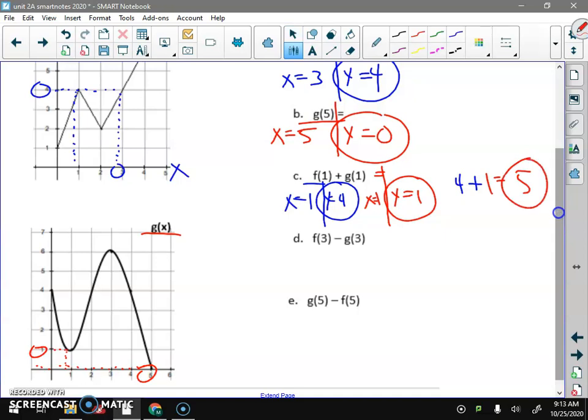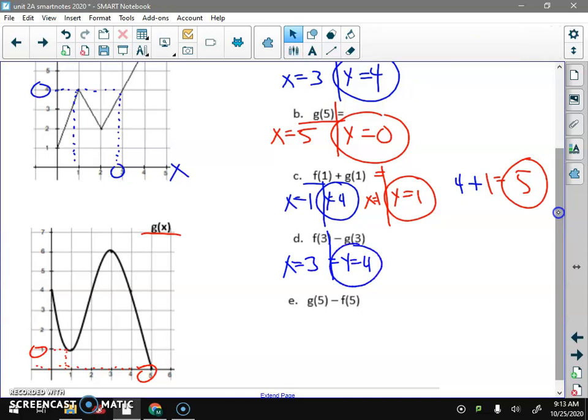Let's try one more time. Let's do the f of 3 in blue. Great wall. 3 on the blue, up and over. We already found that to be 4. We're going to circle it.